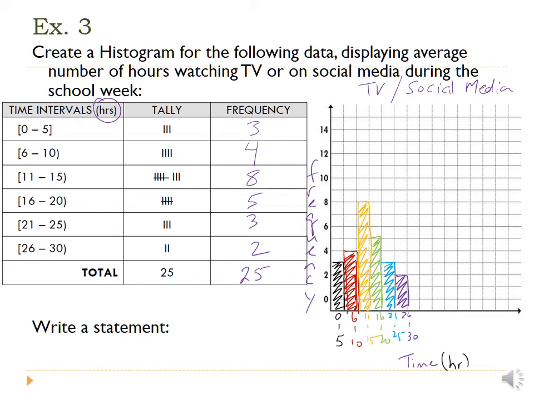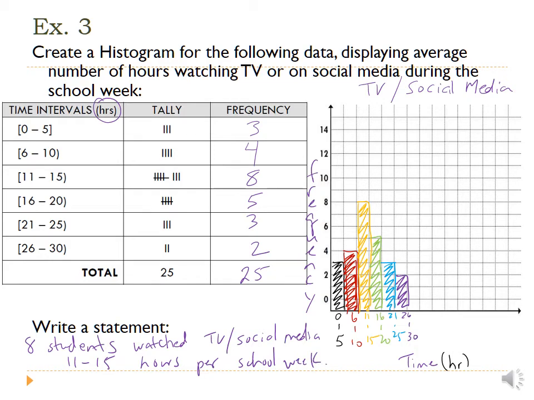So this time I will say, 8 students watch TV or were on social media 11 to 15 hours per school week. Again, you can be creative, you can say whatever you want as long as it fits the data.